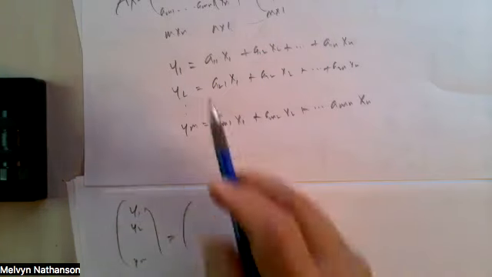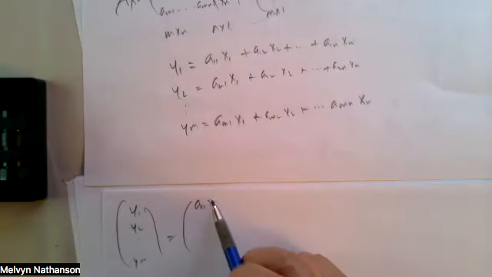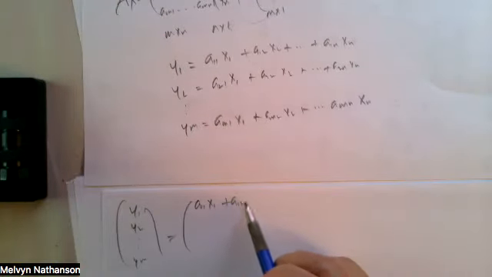So the vector y1, y2 down to y sub m, this is the first coordinate, this is the second coordinate, all the way down to the last coordinate, the mth.